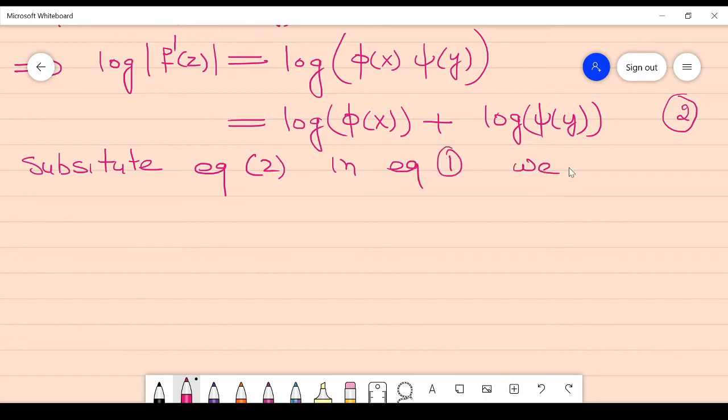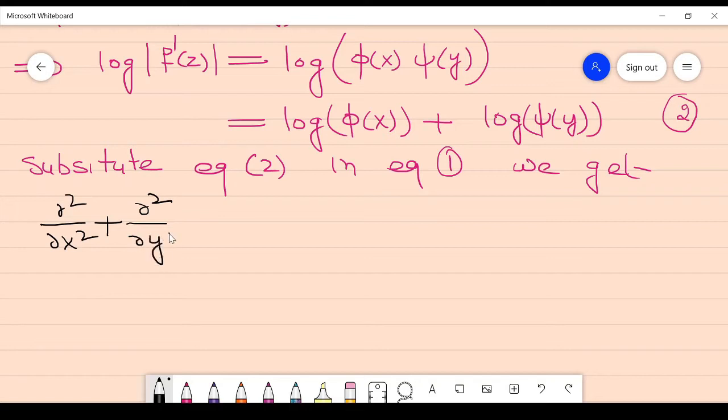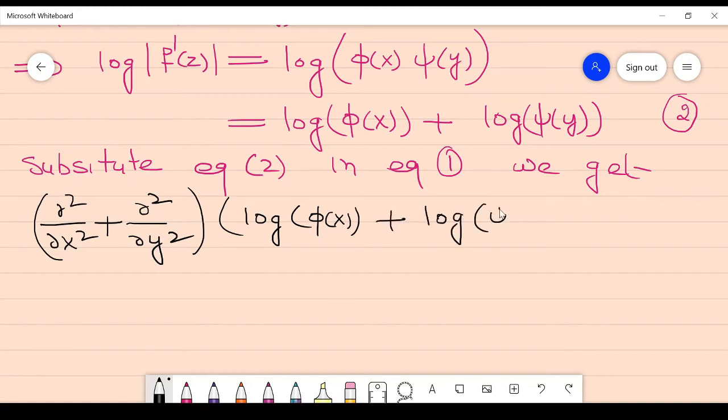So we get ∂²/∂x² plus ∂²/∂y², this operator, into log of φ(x) plus log of ψ(y), which is equal to 0.